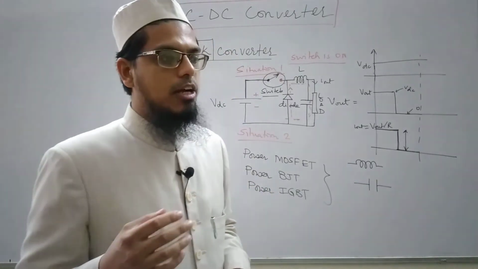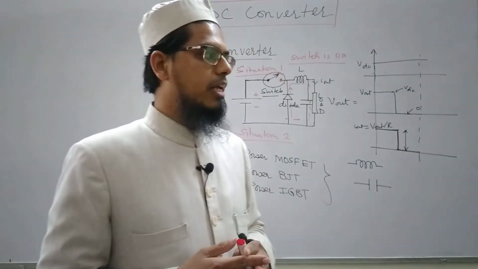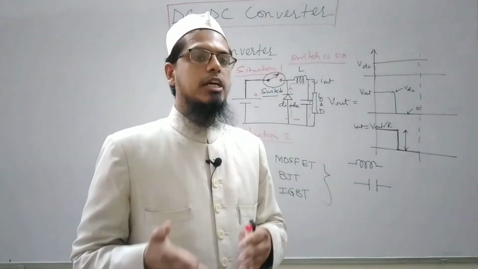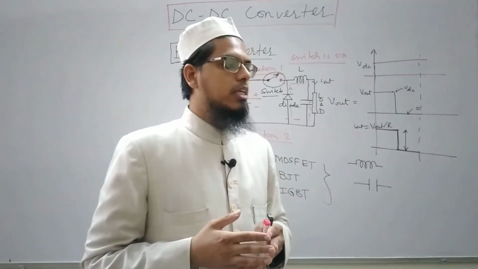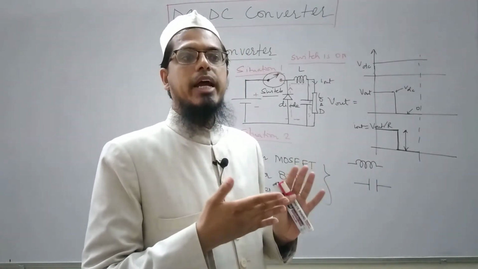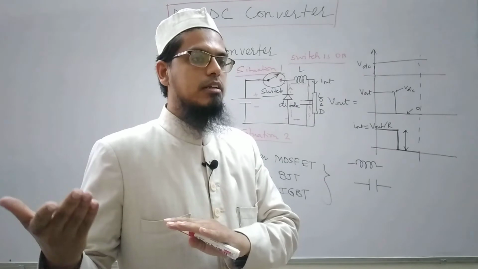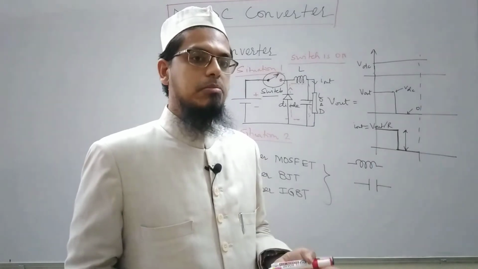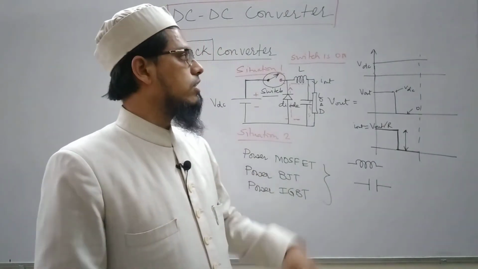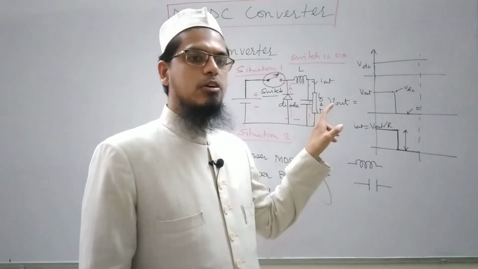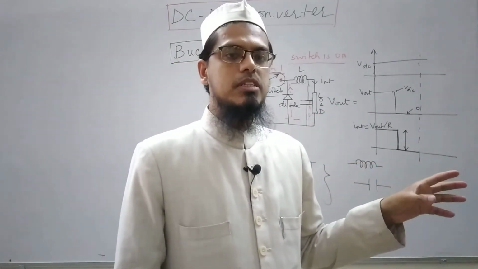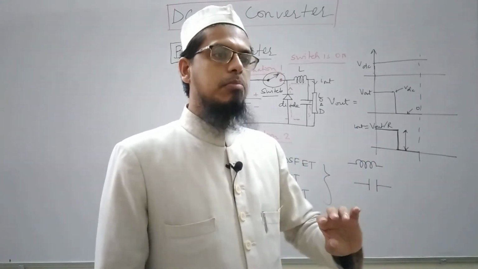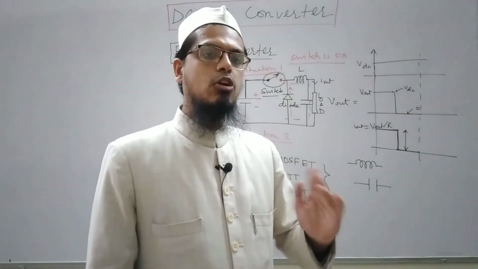So we will be looking at those waveforms, and then we would be trying to find out a relation between the input and output voltage. We would also be trying to find out the ripple and its relation with the inductor and the capacitor, so that we can use it for design purposes. We cannot randomly select L and C for any type of buck converter. We basically have to design it. You have to find the values of L and C for a particular ripple tolerance.